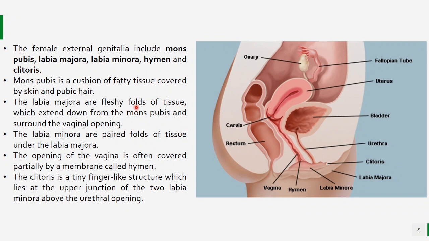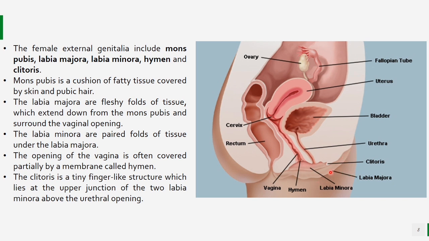Coming to the female external genitalia, it includes the mons pubis, labia majora, labia minora, hymen and clitoris. The mons pubis is a cushion-like structure of fatty tissue covered by skin and pubic hair.